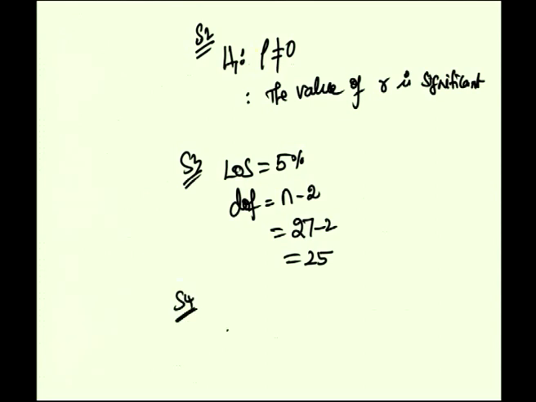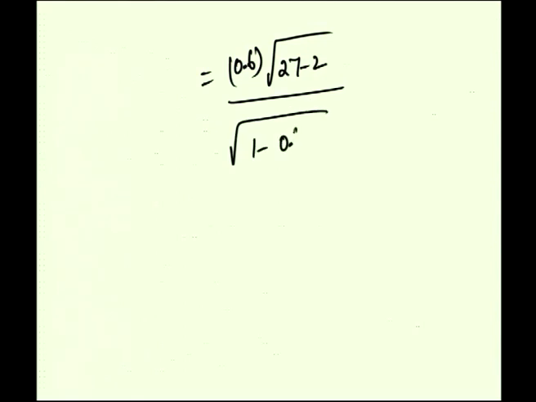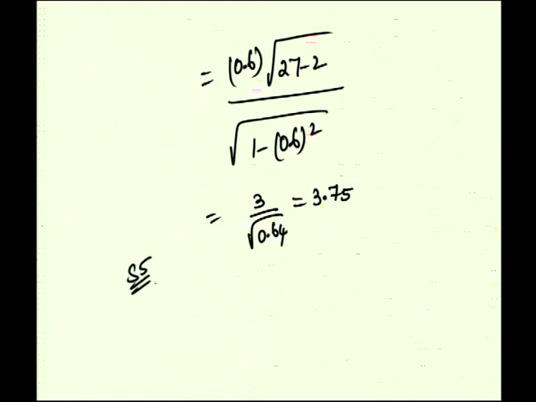Next step 4, the formula part, T is equal to R into root of n minus 2 divided by root of 1 minus R square. R value is 0.6 into root of 27 minus 2 by root of 1 minus 0.6 whole square, which is 3 divided by root of 0.64, and the value is 3.75. Now we come to the conclusion step.